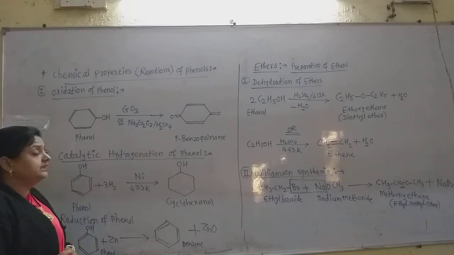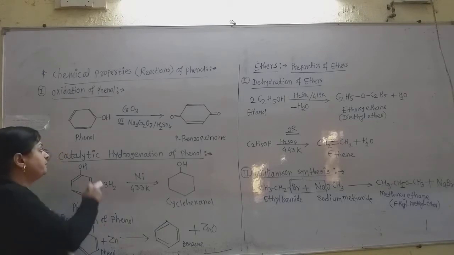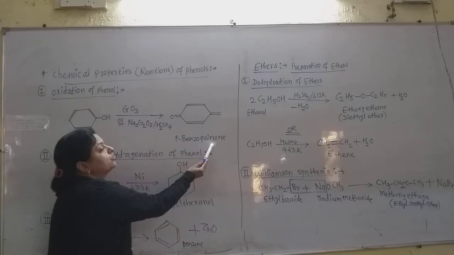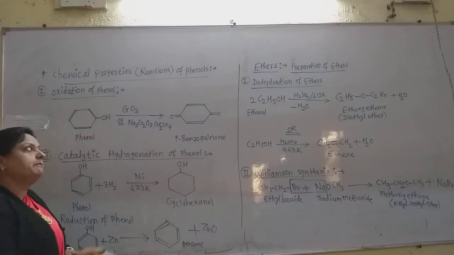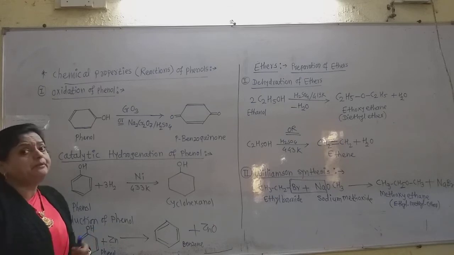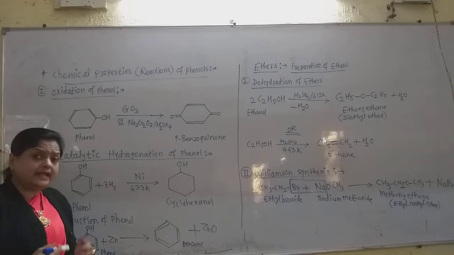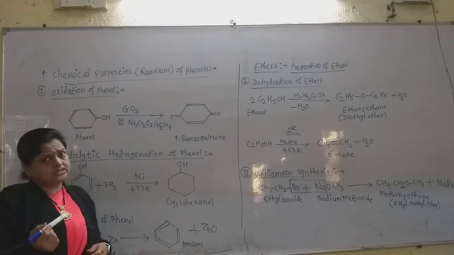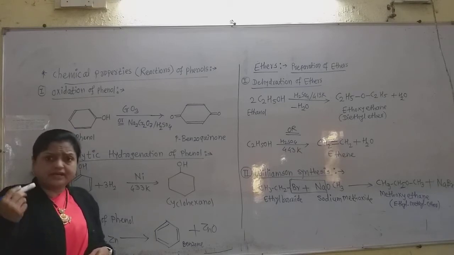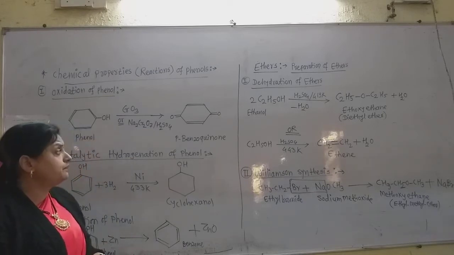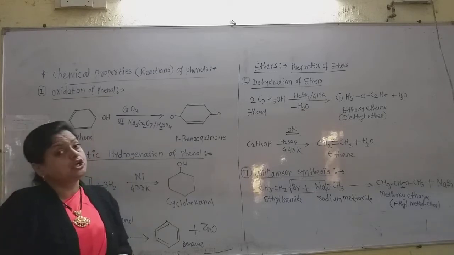Now if we do this oxidation, this phenol is converted into parabenzoquinone. Now this is the parabenzoquinone. Again, if we keep the phenol in air, in the open, then it becomes dark, and a mixture of this benzoquinone and phenol is formed.